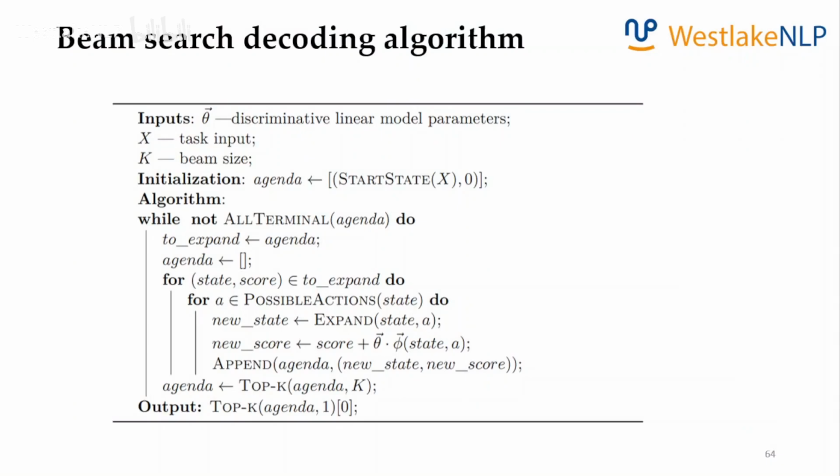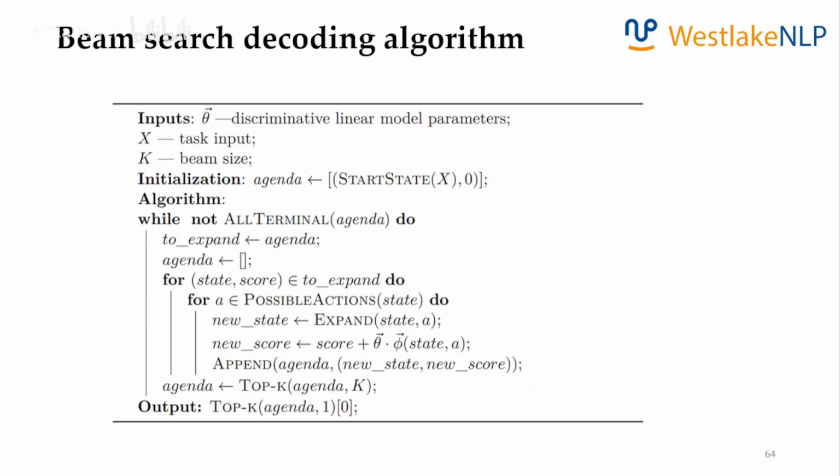From the start state, we repeatedly apply all possible actions to the current items in the agenda. From the new items, we take the k highest scored ones and we put them back to the agenda. We repeat this until all the items in the agenda are final states.